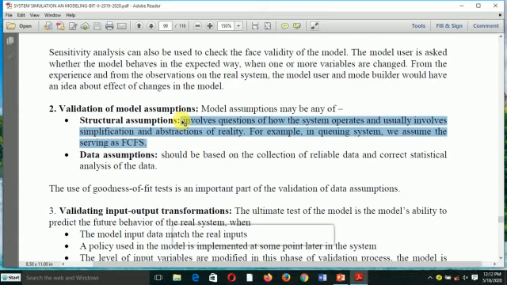You can have some assumption. For example, here you have an example. In the queuing system, you can assume that the serving of the customer will follow first come, first served.